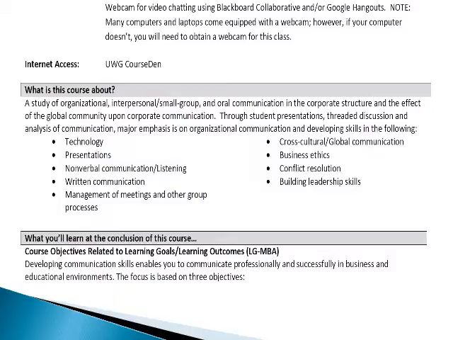You'll be creating a cumulative team project that will integrate the different things that you learn from the textbook and the other resources, and you'll be doing this through an eco-friendly business idea, either a product or a service. You'll be creating a business plan as well as giving a professional presentation.